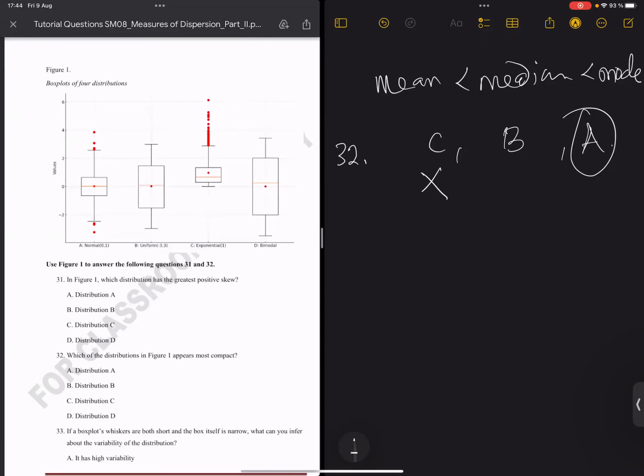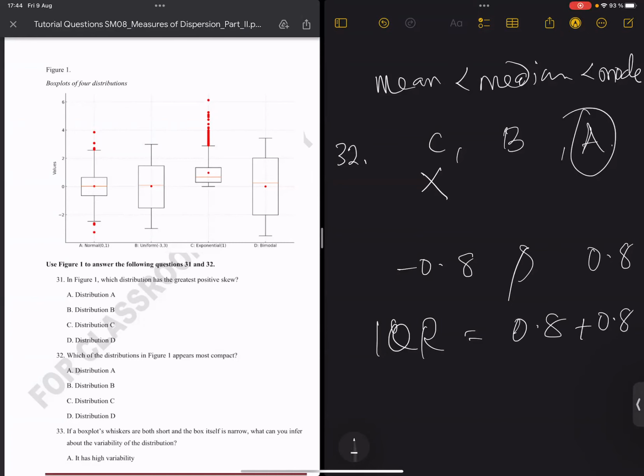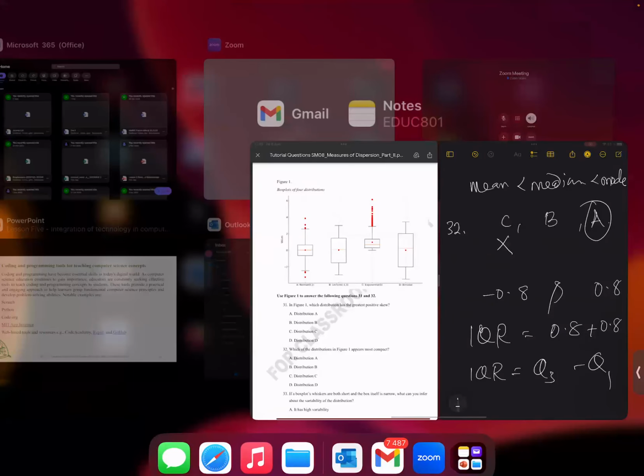If I can measure very well, maybe the bottom will be like minus 0.8, and the top is going to be maybe 0.8. Remember our IQR is Q3 minus Q1.